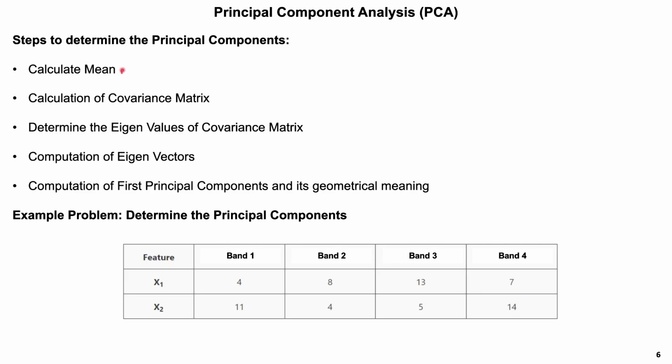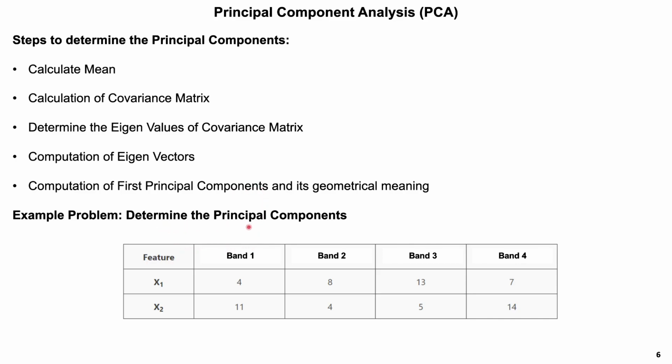So these are the steps to calculate the principal components. First we need to calculate the mean of the data. Then we need to calculate the covariance. Then we'll determine the eigenvalues of the covariance matrix. Then we'll find the eigenvector. Then later on we'll be computing the principal components.